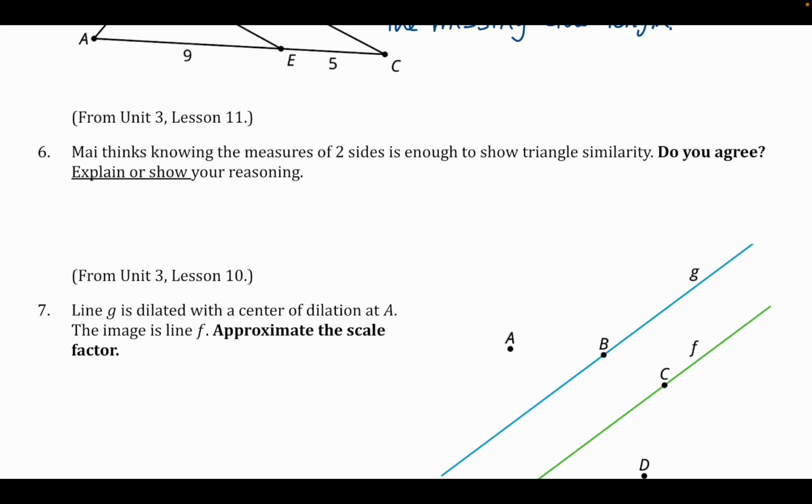But let's actually draw a picture here. So I'm gonna say disagree. And it's almost the same way that two side lengths wouldn't necessarily even give you enough to be congruent.